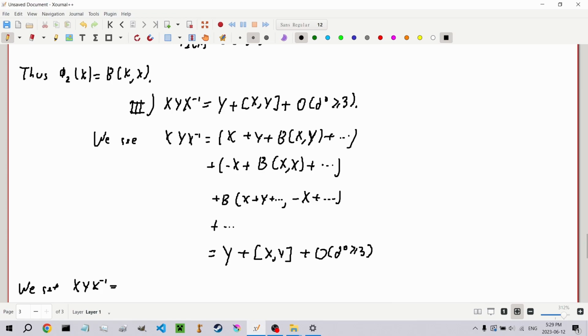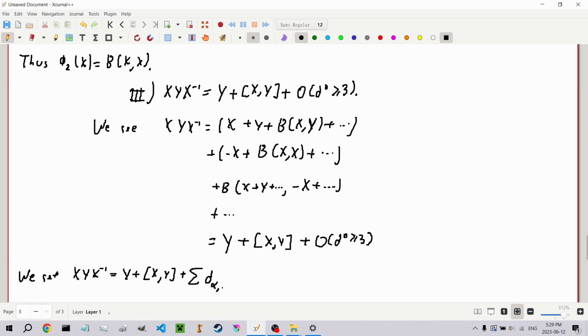We're going to write it as y plus the bracket of x and y, and then we're going to write out all our higher order terms as being some coefficient d of alpha comma beta times x to the alpha times y to the beta, with alpha having to have size at least 1, beta having to have size at least 1, and combined having to have size at least 3.